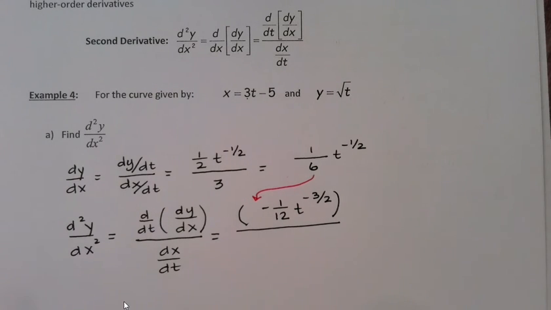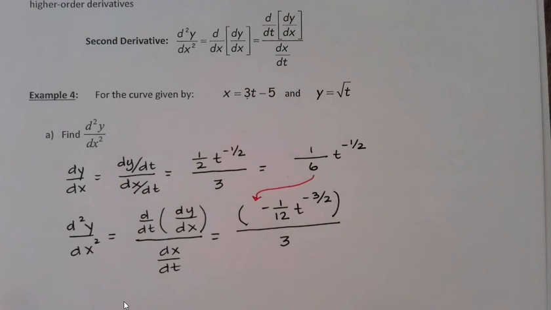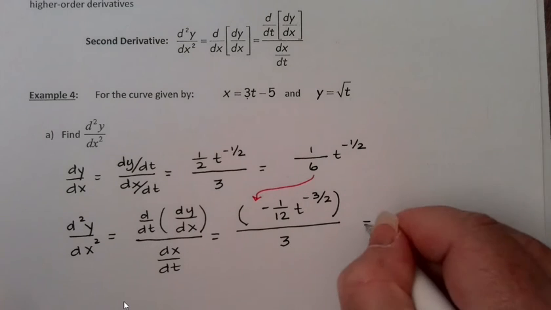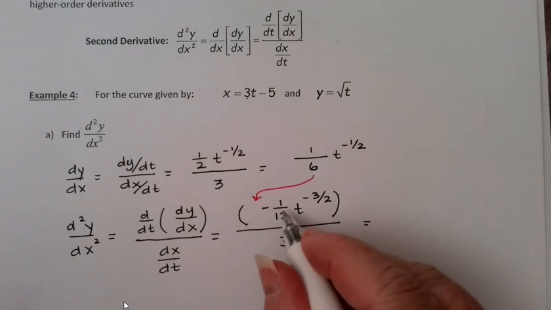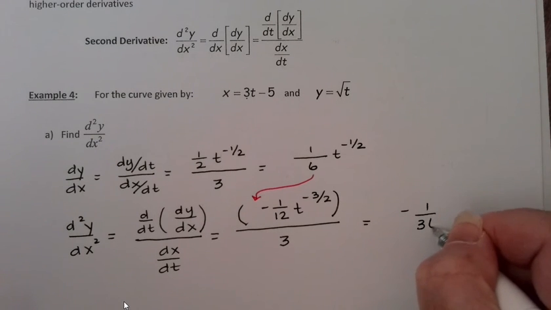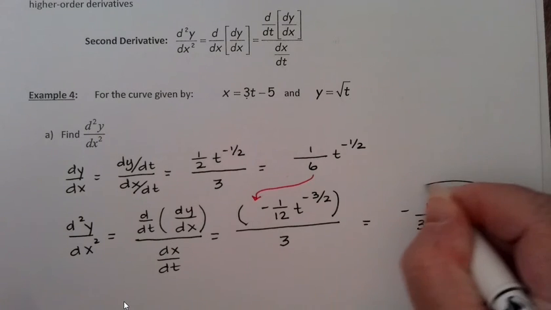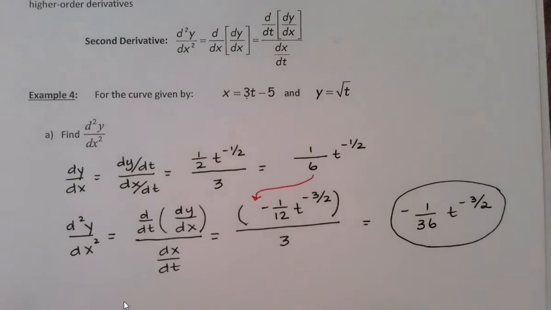On the bottom, I have dx/dt again, and that's just back to the original x. So that's going to be 3. And so I end up with negative 1/36 t to the negative 3/2 for my second derivative.